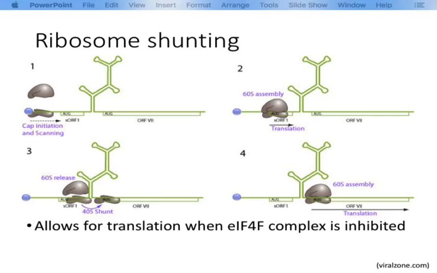All right, so there's our, oh, I guess I'm talking about it now. Ribosome shunting uses something like an iris, but it's not an iris. Remember that for an internal ribosome entry site, that's where the ribosome will bind first for when it's binding to some of these mRNAs for a cap-independent translation. What happens in this mechanism is that you'll get this initial scanning of the 5' end by the ribosome.